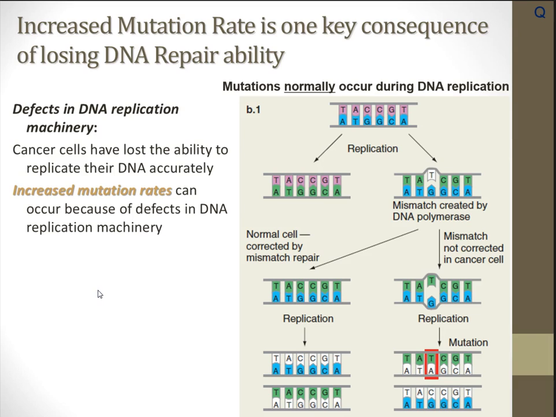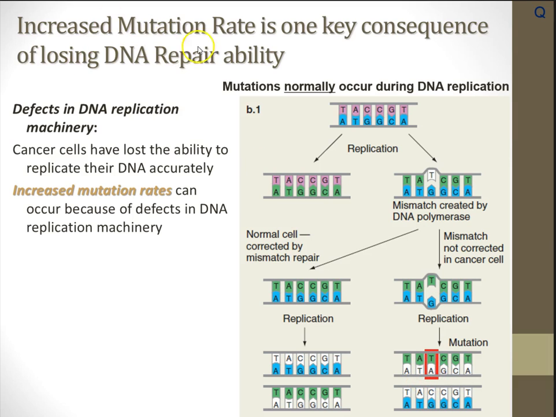Okay, so mutations normally occur during regular DNA replication, but we have this machinery, the DNA repair machinery, that basically finds it and corrects the mistakes. If the mismatch is not corrected, then you see the mutation fixed in the DNA sequence.